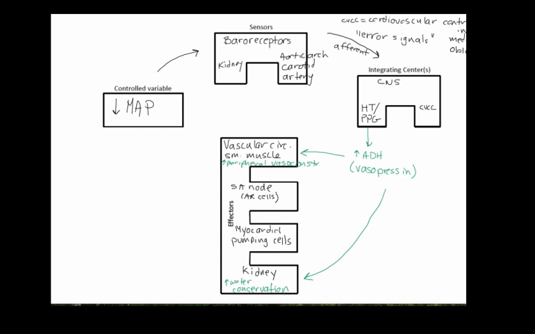Okay, so now let's look at what is the response of the cardiovascular control center to signals from afferent neurons that blood pressure is low. After that's integrated, we'll do this in another color, we have increased sympathetic output.